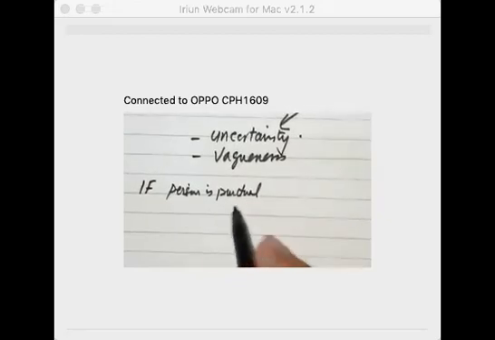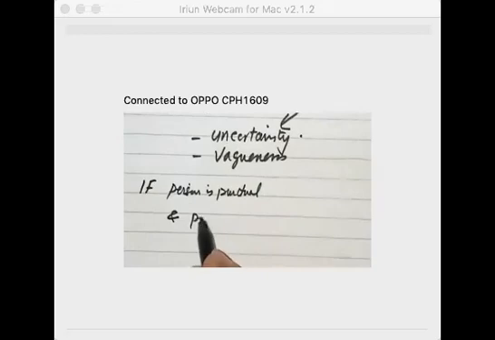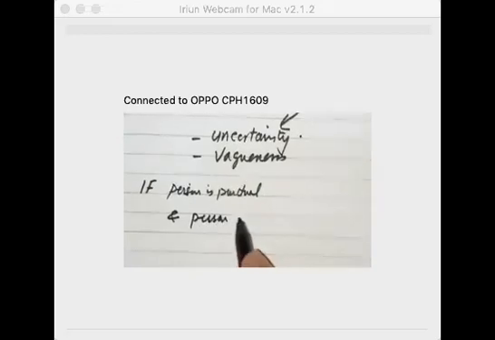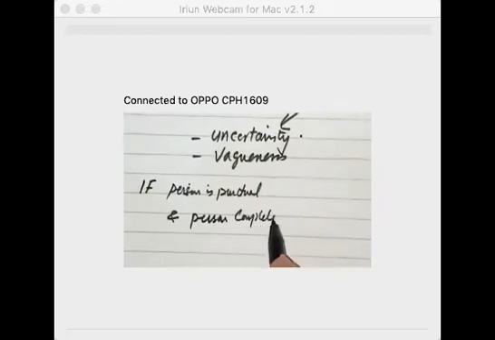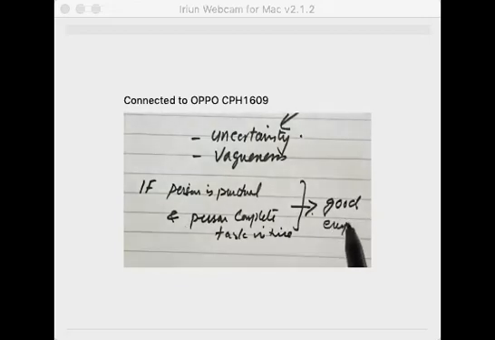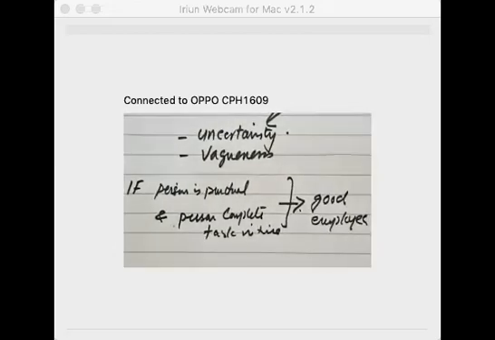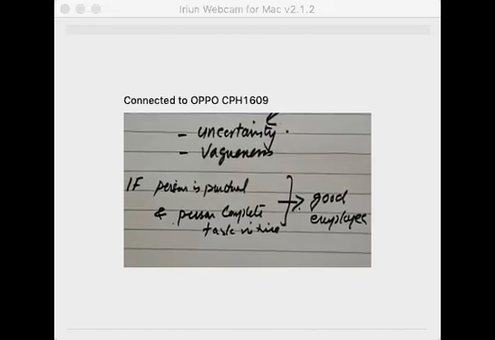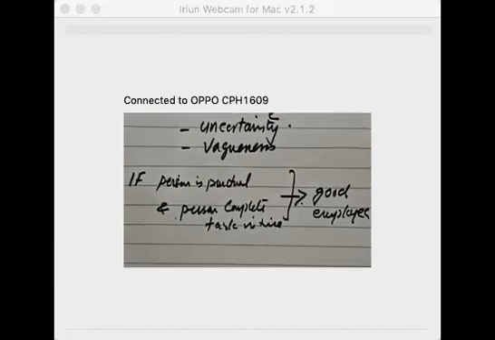So if the person is punctual and the person completes the task in time, okay, तो फिर हम कहते हैं कि this person is, let's say, a good employee, right?